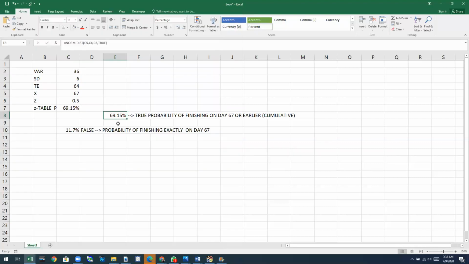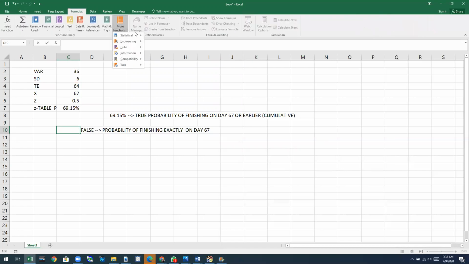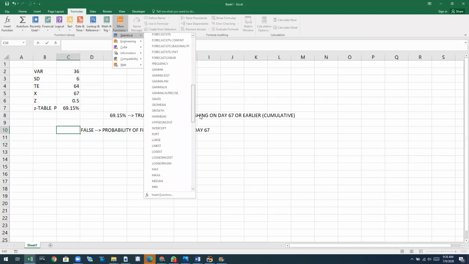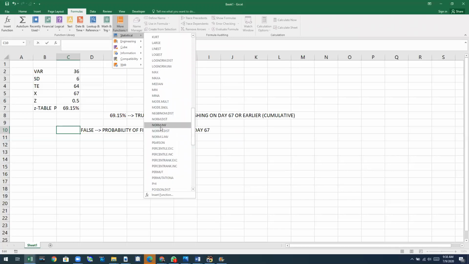But what if you want to find out the probability of finishing exactly on day 67? The probability that the project will be completed exactly on day 67. You will need to use the FALSE logic symbol.